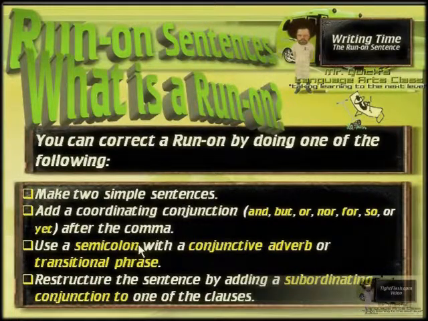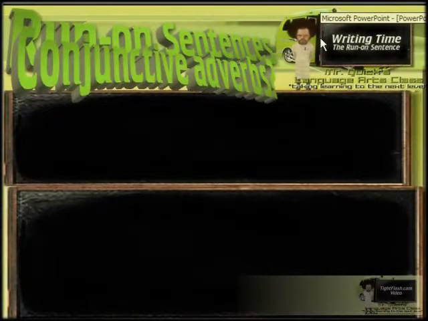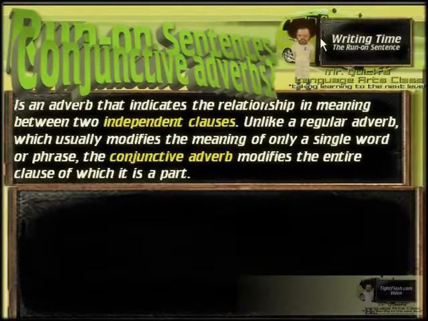Or you can do the road less traveled, which is to take a subordinating conjunction and place it at the beginning of one of the independent clauses, thus making that clause a dependent clause. Any of these four will work when you're correcting the run-on sentence, but of course you have to use one of them because you just can't go around with a run-on sentence and not correct it.